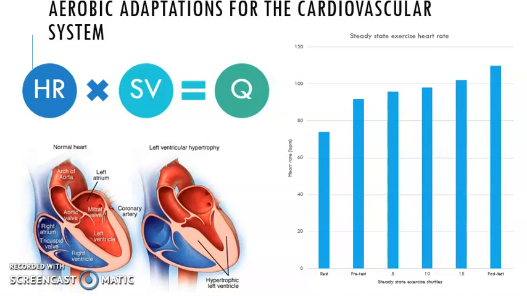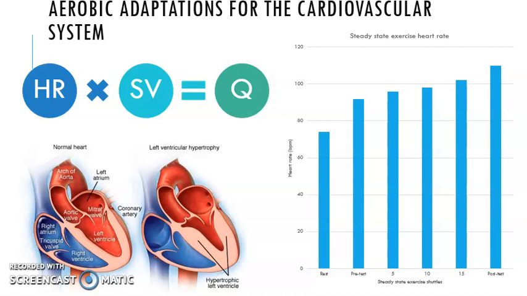The graph shows us an athlete's heart rate after performing steady state exercise for 20 minutes on an exercise bike. We can see that their heart rate starts off at about 75 beats per minute at rest, which is good, and then increases before the test starts, showing that they had an anticipatory rise due to nerves.